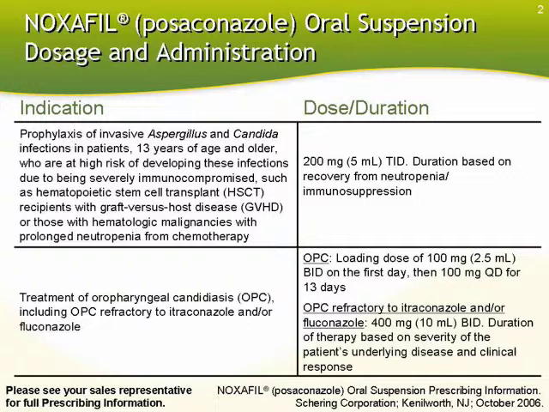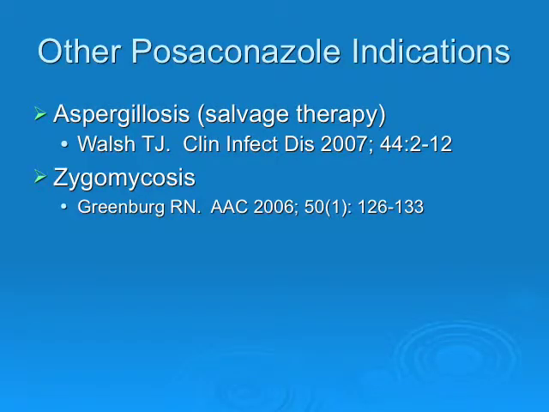Okay. Also, Noxafil has been used for the treatment of oropharyngeal candidiasis, either frontline, which I don't know why you would ever do, or that which is refractory to fluconazole. Posaconazole has also been studied in terms of salvage therapy for patients with aspergillosis or zygomycosis.